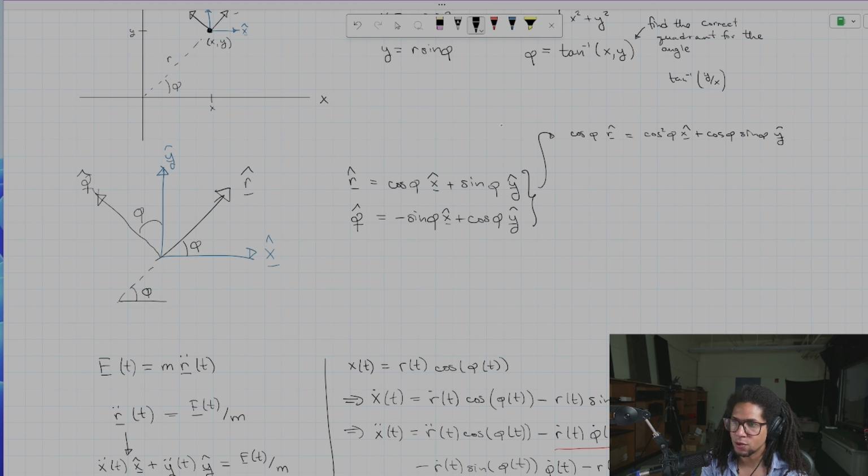And then we're going to note that sine phi times phi hat is equal to minus sine squared of phi times x hat plus cos phi sine phi times y hat. Now we're going to subtract these from each other.